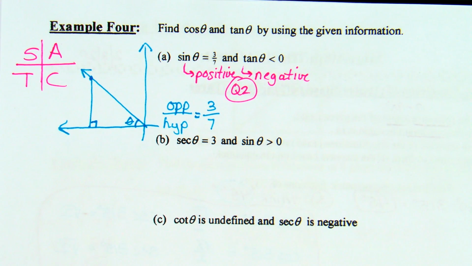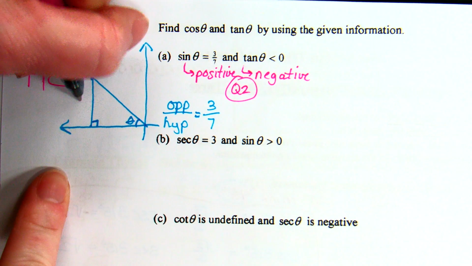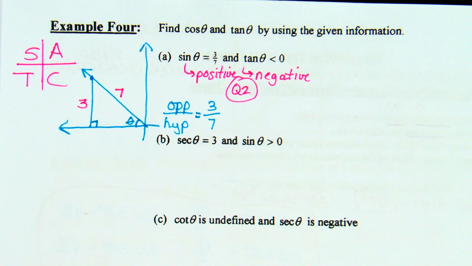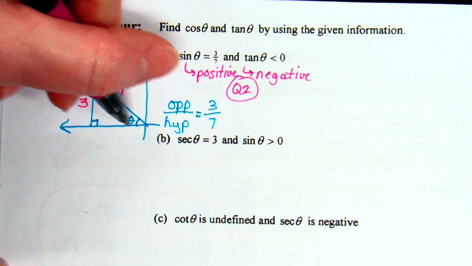What can I go ahead and label on this triangle? Opposite and hypotenuse. Opposite is 3, hypotenuse is 7. We're going to need that missing side if we have to find cosine and tangent. So we can use our Pythagorean theorem. Let's see, that's the x value we're missing.